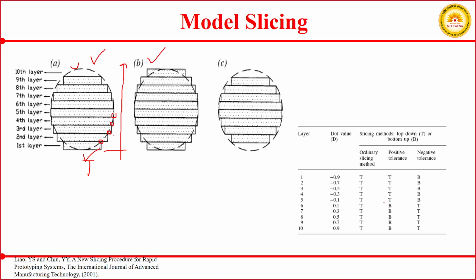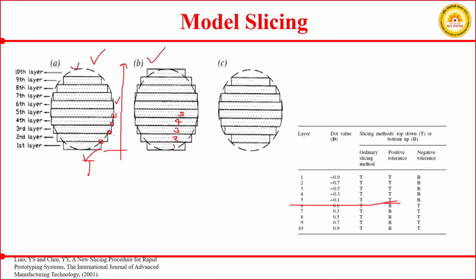Okay, so here you can see from the layer 5th onward, in this particular case, layer 1, 2, 3, 4, 5. Okay, so up to 5 the slope is positive, we can go with the top down approach, but beyond 5, because we are supposed to create the object which is having oversize but not the undersize, and in our ordinary situation it was having undersize, so what we have done, we have chosen the bottom up approach.